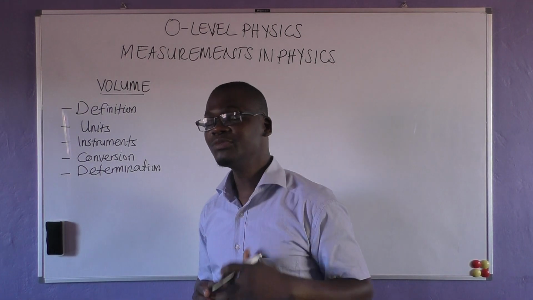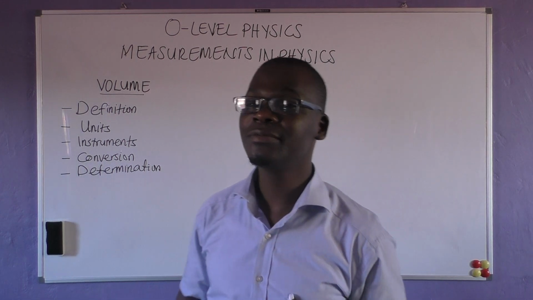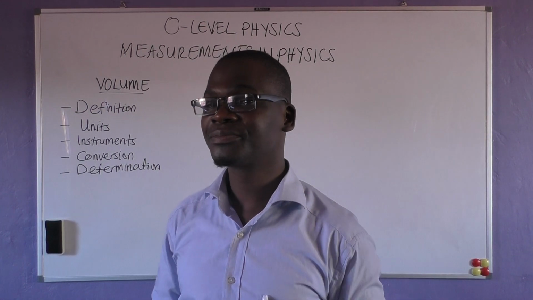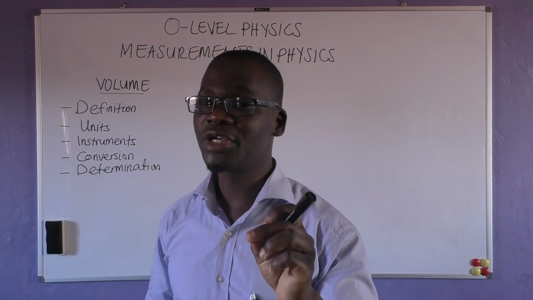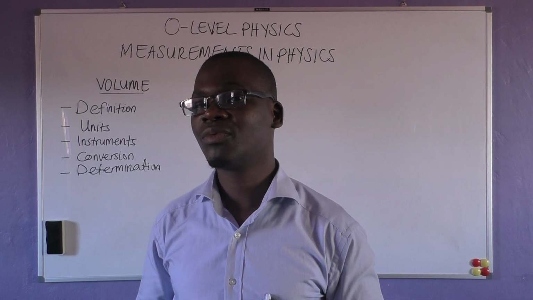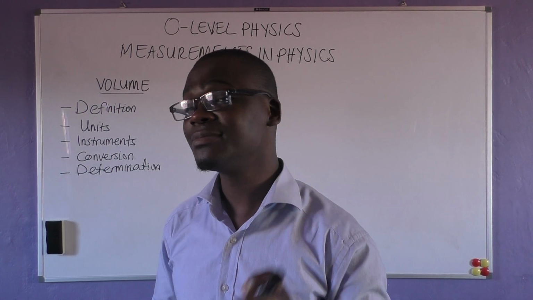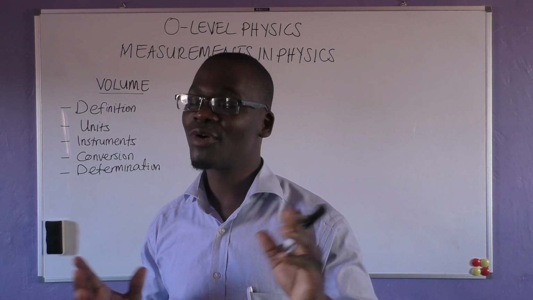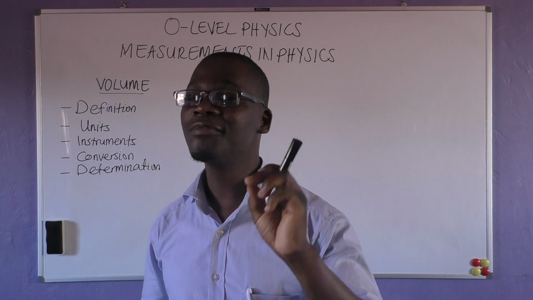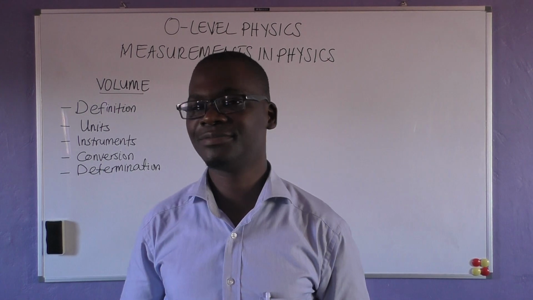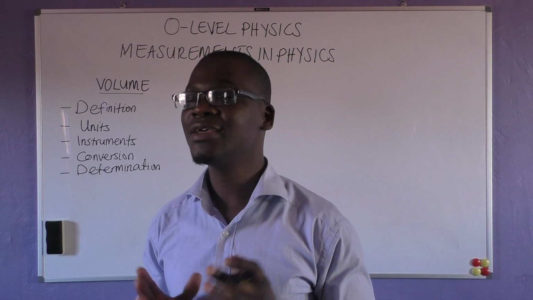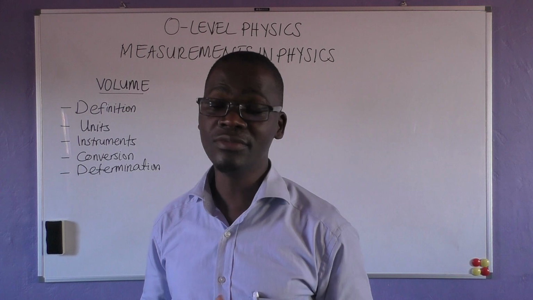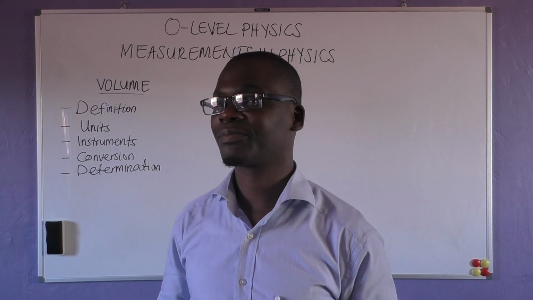Among the instruments that we use in the laboratory, we have the pipettes, burettes, volumetric flasks, calibrated beakers, calibrated test tubes, conical flasks, and measuring cylinders. Those are the commonly used apparatuses in getting volume in a physics laboratory.